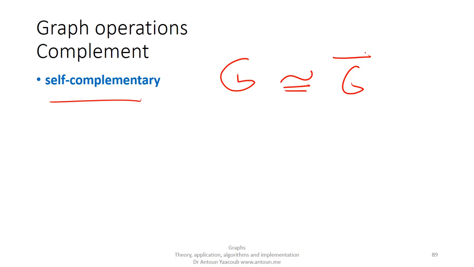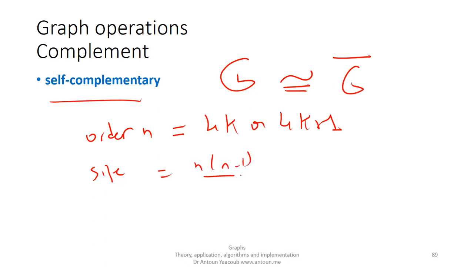We also have a property that for any self-complementary graph, the order n, meaning the number of vertices, is equal to 4k or 4k plus 1 for any positive integer k, and the number of edges, the size, is equal to n multiplied by n minus 1 over 4.